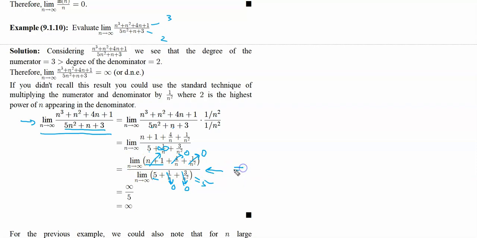And so what you're left with is infinity over 5, and that of course is just infinity. A really, really large number divided by 5 is still a really, really large number. So this limit does not exist, or in particular you can say the type of does not exist is that it's equal to positive infinity.